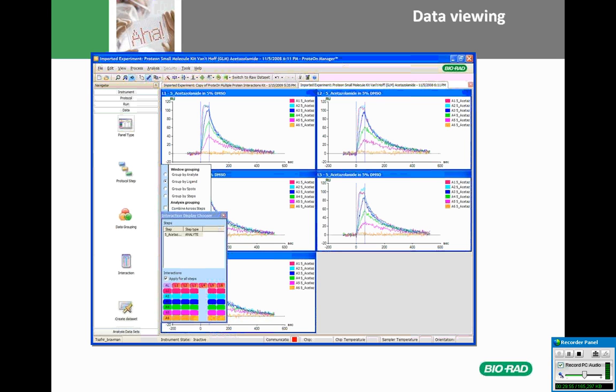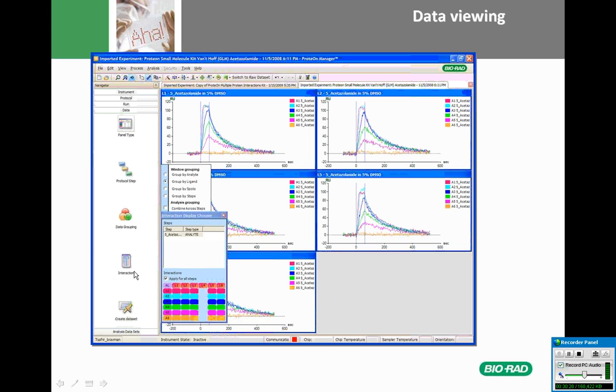Along the experiment, after you collected many sensorgrams and performed different injections one after another, you have the flexibility with the software to view and filter out any injection that you like. You can tell the software, show me only analyte injections, show me only ligand injections, and how to group them, either by ligand orientation or by analyte orientation, and also you can take any specific sensorgram out of the viewing.